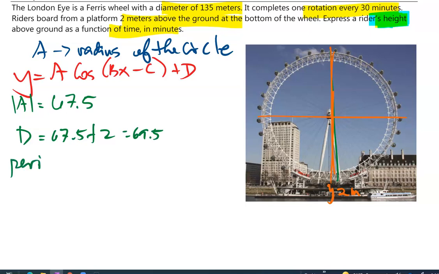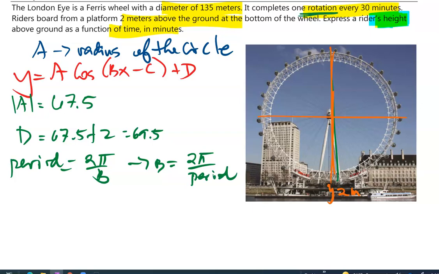And the period, we know that it's 2 pi over b. So we can solve for our b, which is 2 pi over the period. And it says here its rotation is every 30 minutes. So b is equal to 2 pi over 30, which is equal to pi over 15.